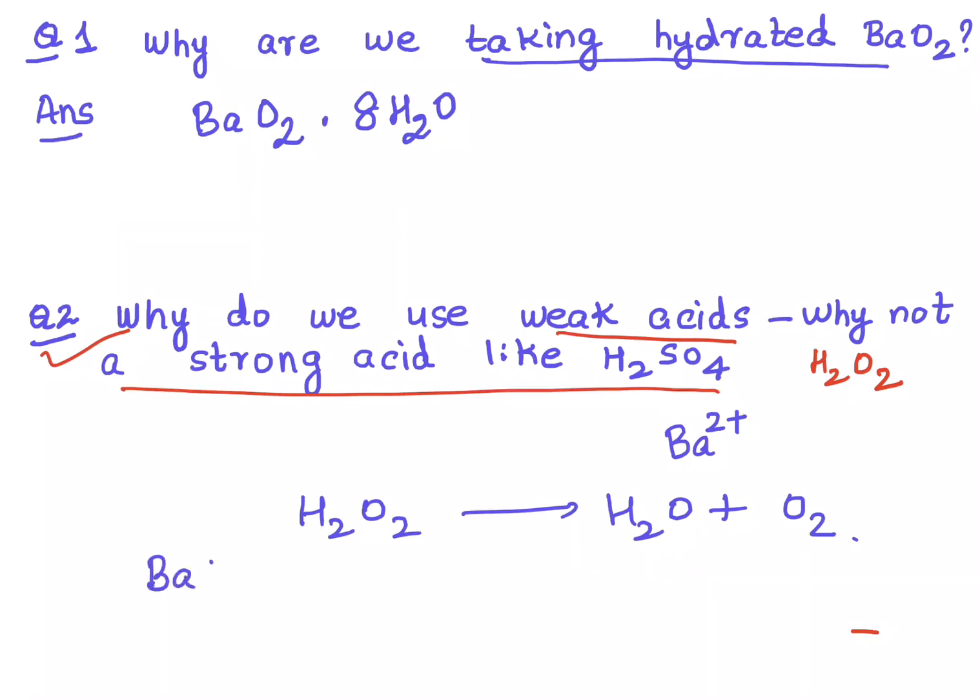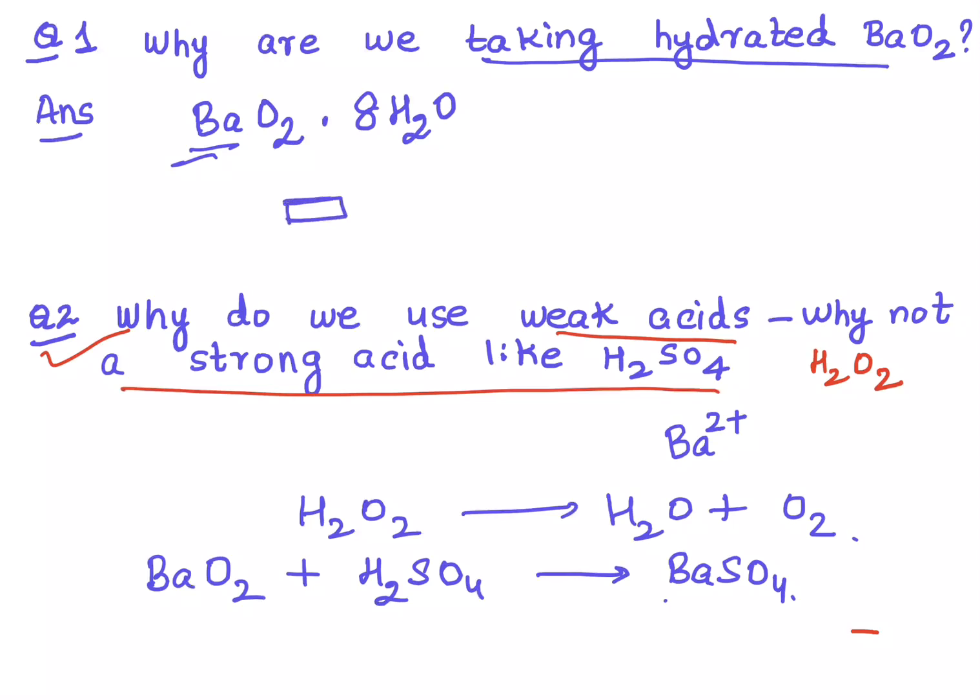So what we've got is barium peroxide plus H2SO4. Again, we come back to the same thing. It will form the corresponding salt. Now, if this barium peroxide is in anhydrous form, the salt will form a deposition over the barium peroxide, because that anhydrous form will be powdery in nature.